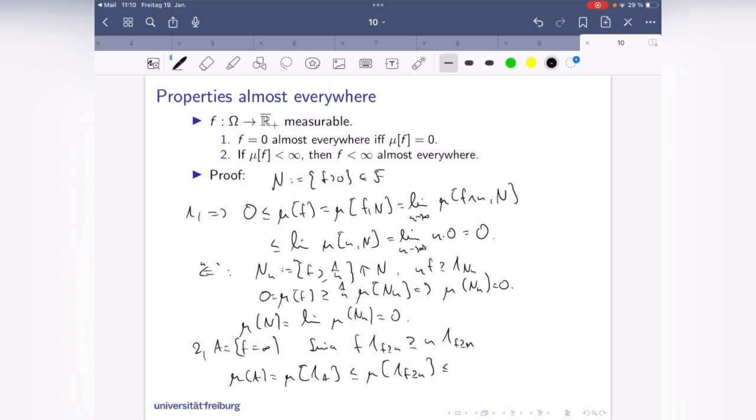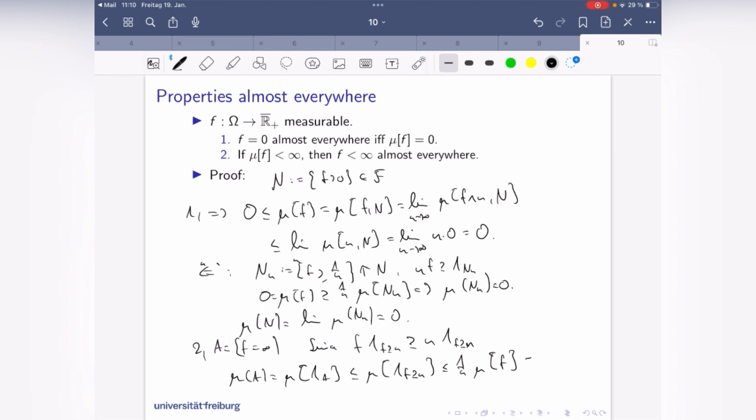So 1 over n times mu of f times the indicator of f bigger or equal than n. Now I can make that even bigger if I ignore the indicator function here. By assumption, mu of f is finite, and this finite number I divide by n, which becomes larger and larger.